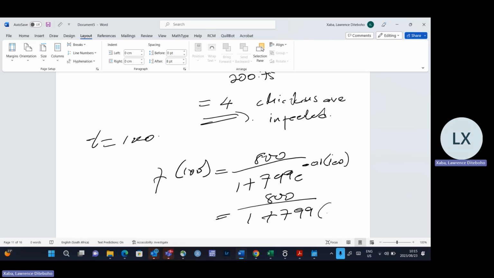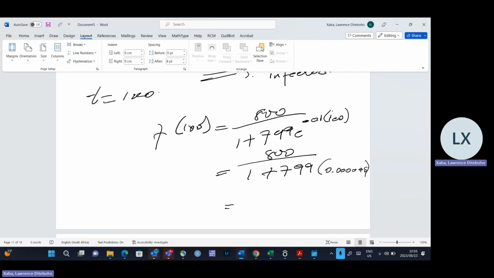Then you end up having 0.00004. Yeah, is it 4.5? Let's say 4.5, it's fine.